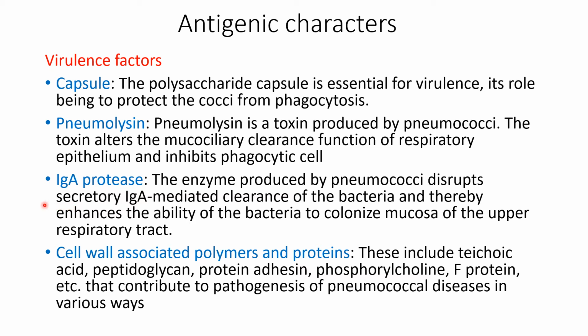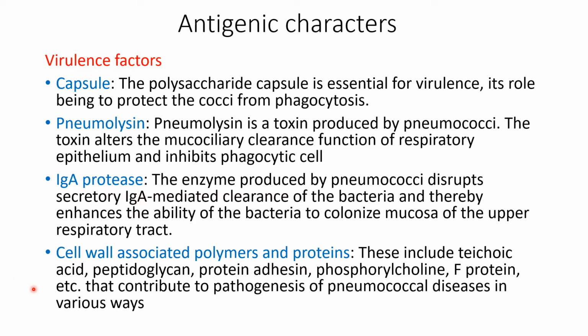The most important function of secretory IgA is, whenever a pathogen tries to colonize the mucus lining, it recognizes the pathogen, binds to it, and in turn stimulates the phagocytosis process in that region so that the pathogen is cleared very efficiently. But when Streptococcus pneumoniae colonizes a region where secretory IgA is present, it releases an enzyme called IgA protease, which cleaves this IgA antibody, and thereby it again escapes from the phagocytosis process.